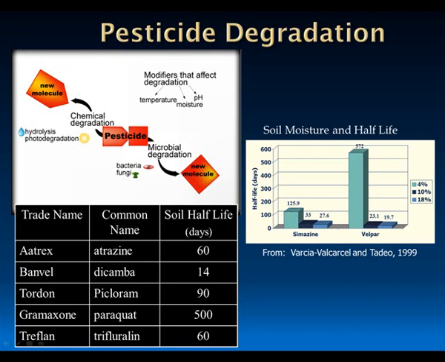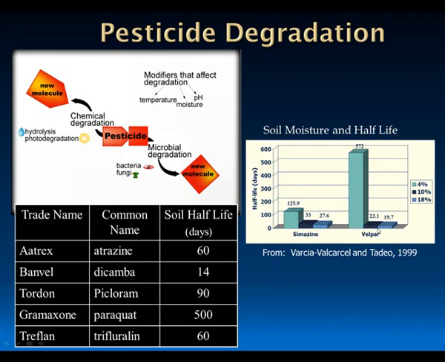A number of things can affect the degradation rate of pesticides, or the half-life. And here we see depicted half-life on the y-axis for two different chemicals, and low and intermediate and a higher soil moisture, and we can see that the half-life decreases with increasing soil moisture, or at the low soil moisture, the chemical is going to persist for a long time.